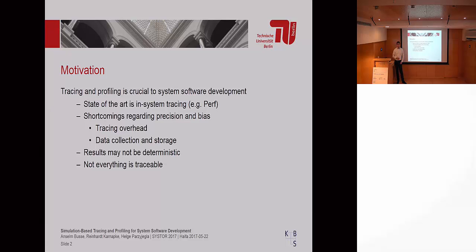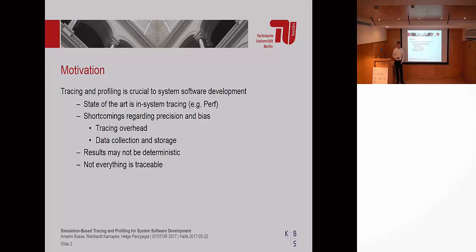Especially, it introduces some bias which comes through the tracing overhead and the data collection and storage itself. As you can imagine, if you trace the operating system and trace a scheduler, for example, or another subsystem that is called very, very frequently, you will generate a lot of tracing data and you have very, very short functions that are executed.